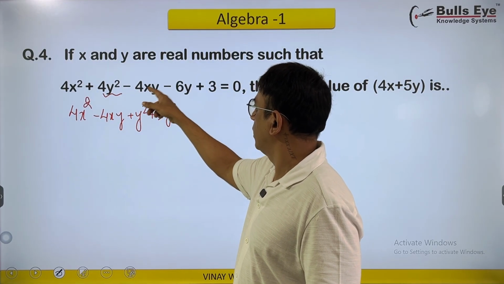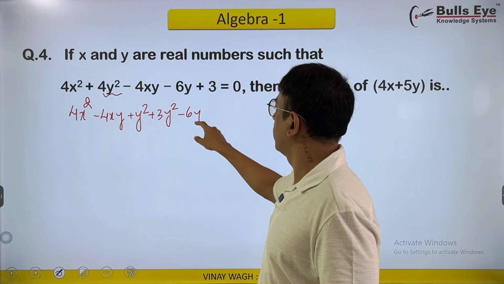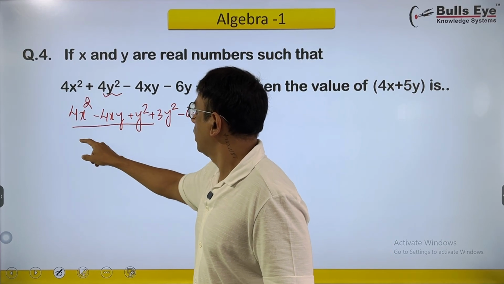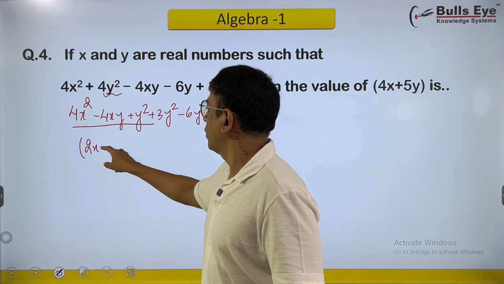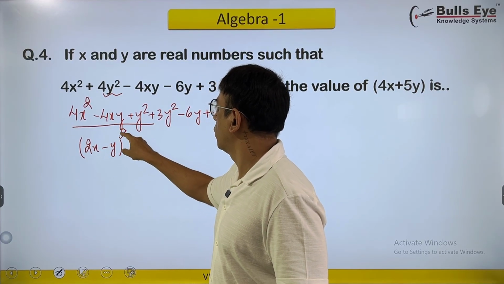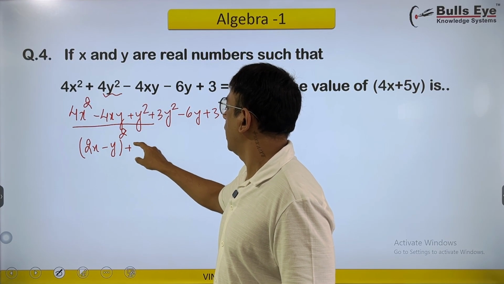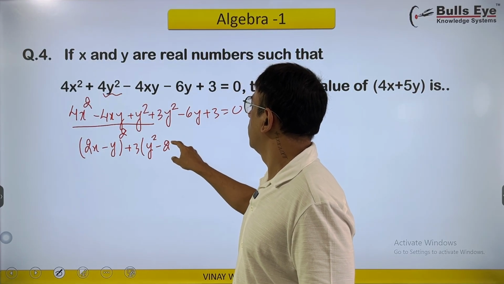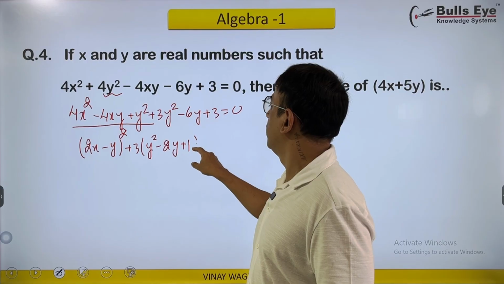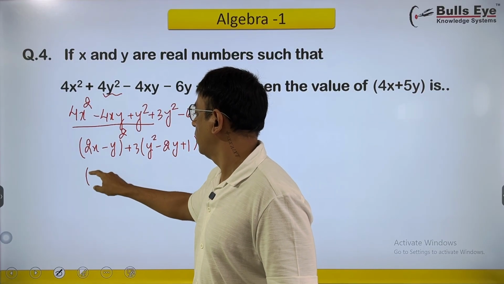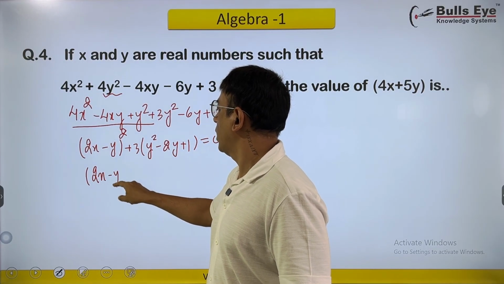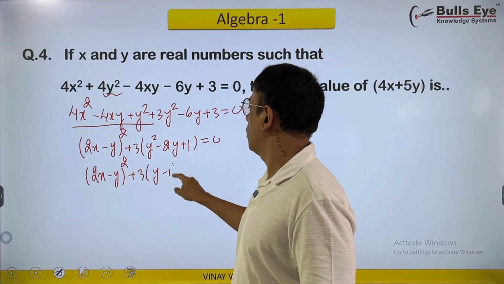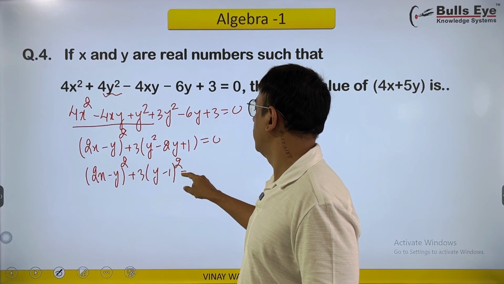So these three can be written as 2x minus y the whole square. How about this? I can take 3 common first. Y square minus 2y plus 1 is 0, and even this gets settled. 2x minus y the whole square plus 3 times y minus 1 the whole square is 0.